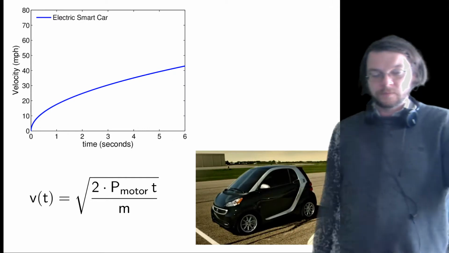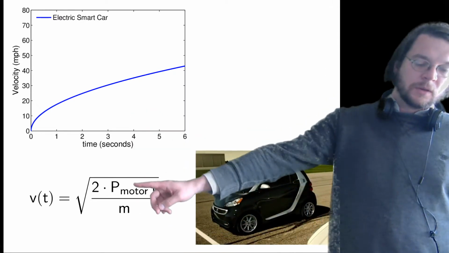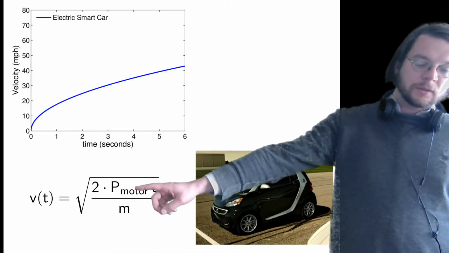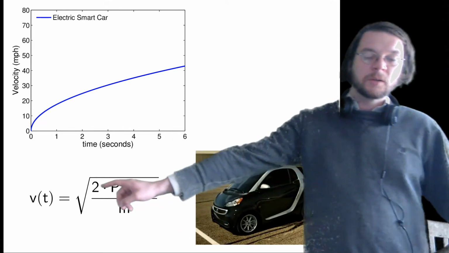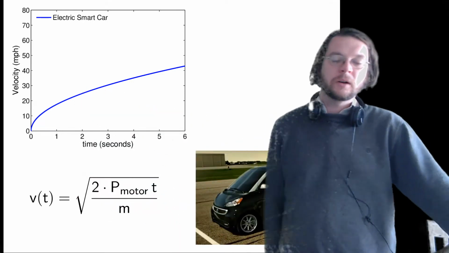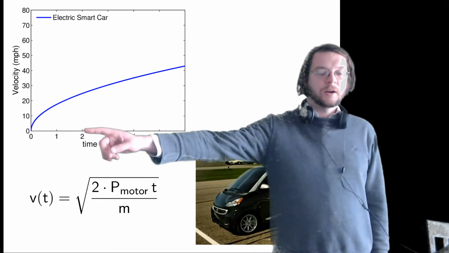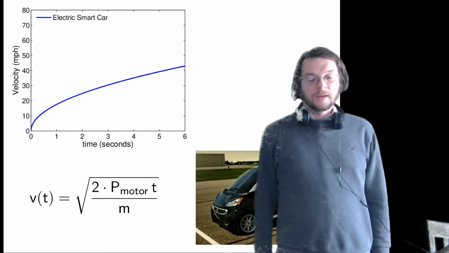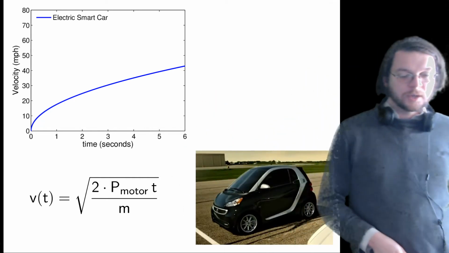And you can plot this out if you want. I can use SI units here, kilowatts, convert that to thousand watts, kilograms here. I can get this in meters per second and then convert it to miles per hour. And it makes the following prediction for how quickly the car should be able to get up to a certain speed over a certain time.